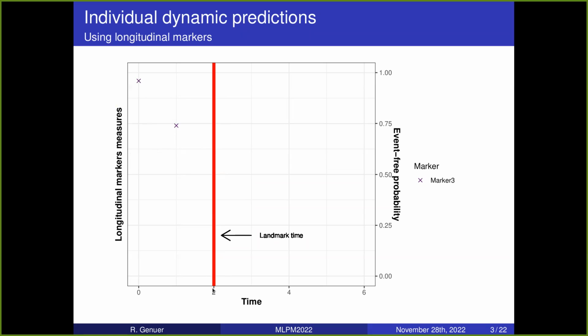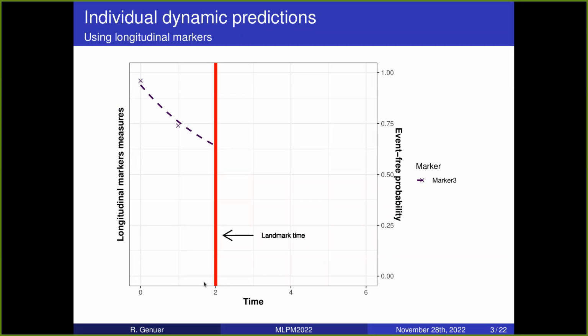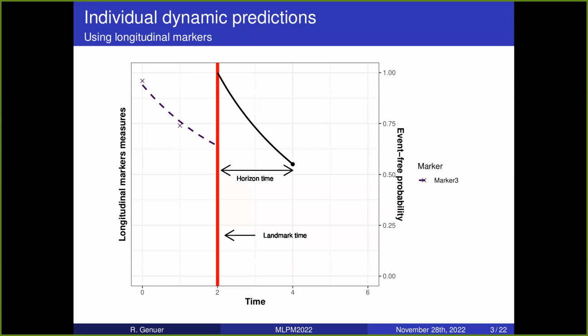We will define a landmark time at time 2. Given those two measures, we want to predict the event-free probability of some event for a certain horizon time.